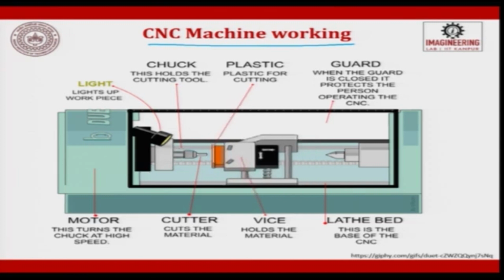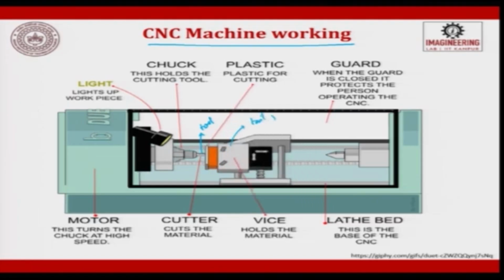You have fixed the tool here, and the workpiece is attached to the tail stock, or I can put it, it is attached to the tool head in a normal machine. I am just trying to put another machine, so that you will understand all the time the workpiece need not be held only at the spindle. You can hold it on the other end.